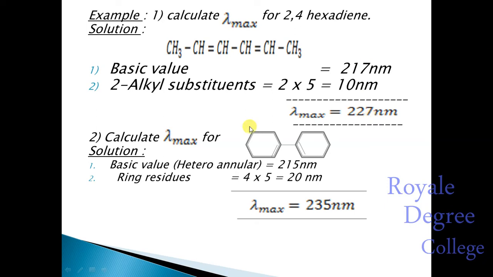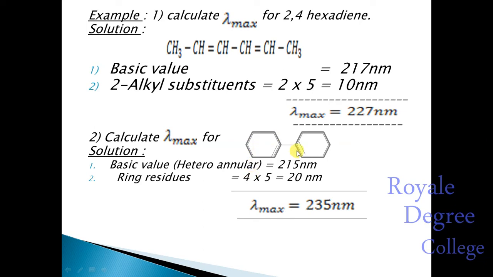Second problem, calculate lambda max for this particular compound. Here the basic value we are seeing is heteroannular. These are ring compounds, and hetero means different rings are there. So for heteroannular, the basic value will be 215 nanometer. Then ring residue. Ring residue here is 4. How do we count? From this side, this is the first position, second position, third position, and this is the fourth position.